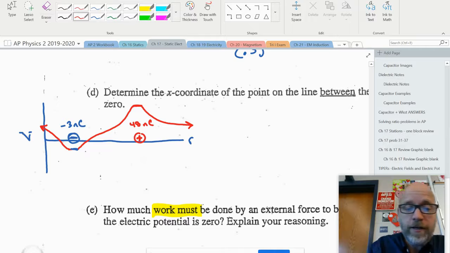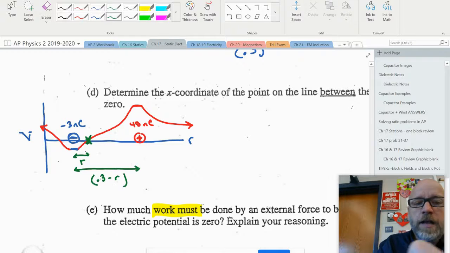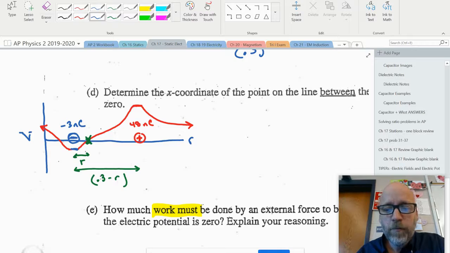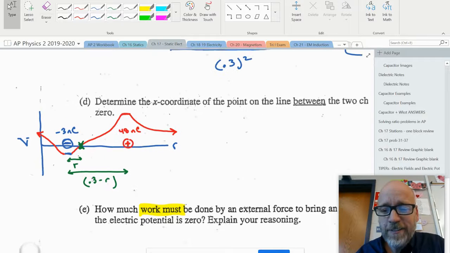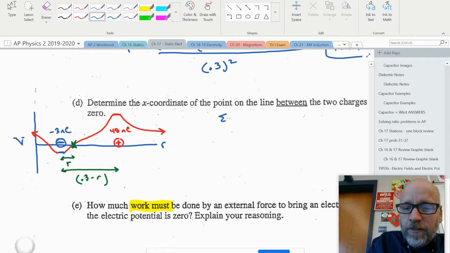But the question asked, what point in between the two charges did that occur? So I'm going to let this distance be r, and this distance would be 0.3 minus r. Now watch what happens. Before you start crying, realize this is way easier than electric fields. The sum of the volts at some point in between is equal to 0.